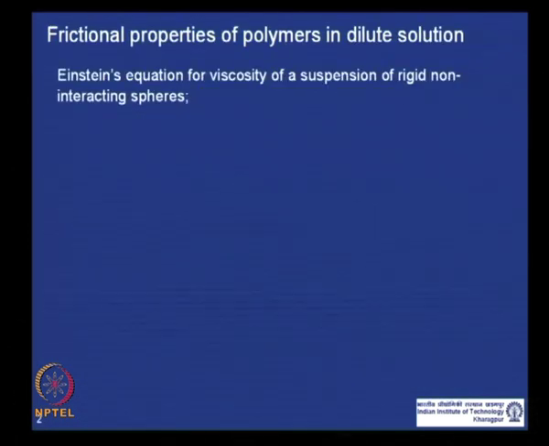Now, let us continue the discussion we had in the last lecture. As we understood, most polymer chains are flexible, and when they are dissolved and move in solution, they carry solvent molecules which are attached to the polymer coil.